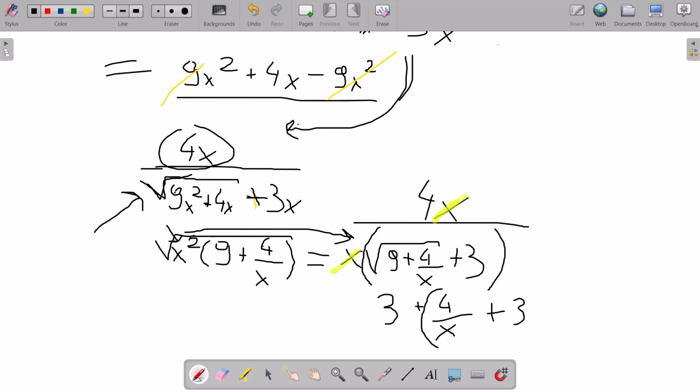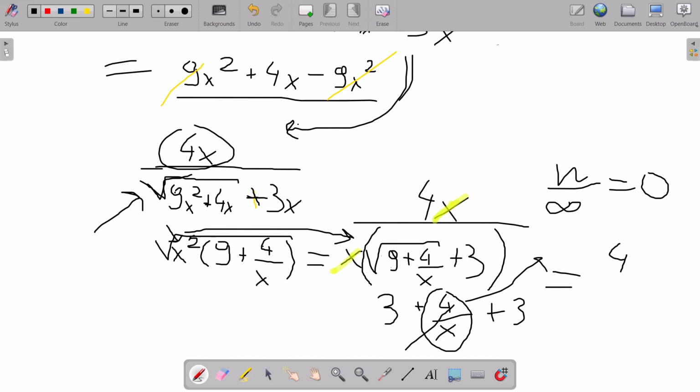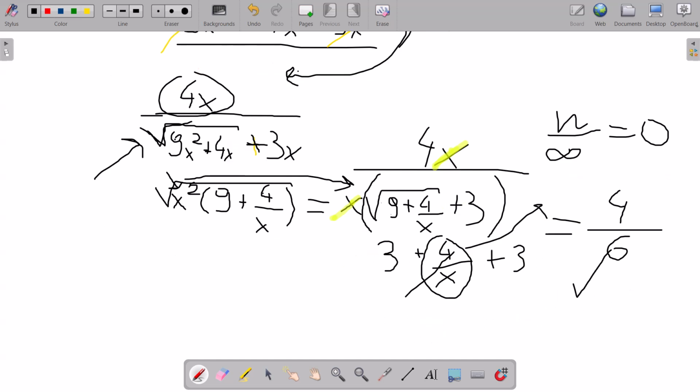Again, the 4 over x expression will be ignored because x is infinity and a number over infinity approaches 0. Right? So we can ignore it. So we have only 3 plus 3. What is left is 4 in the numerator and 3 plus 3, 6, in the denominator. Therefore, after further simplification, it's 2/3. And this is the answer.